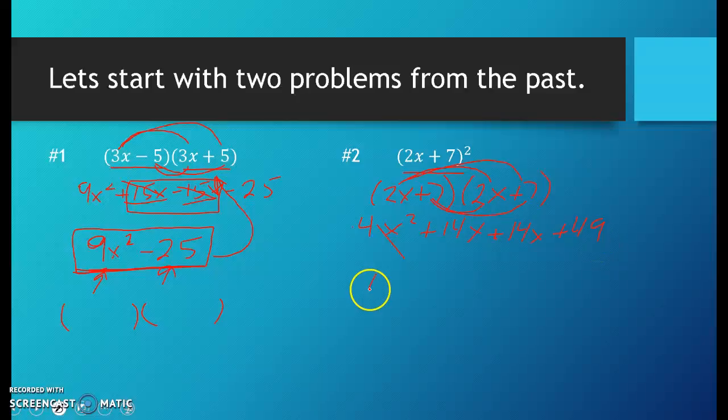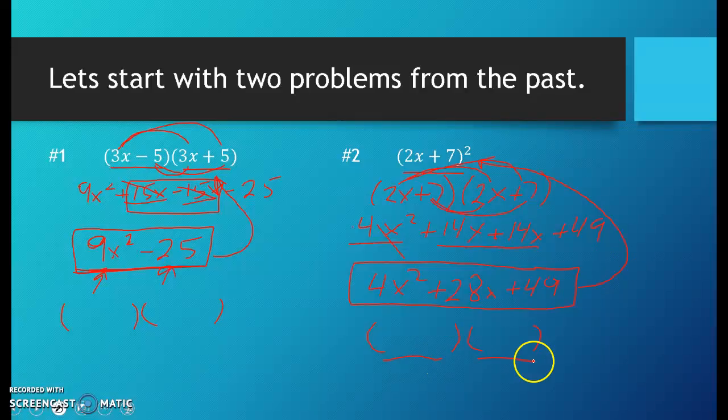And then this simplifies to 4x squared is my x squared term. I have 14x plus 14x, which is 28x. And I have the plus 49. Now, this is what we call a perfect square trinomial. And it's a perfect square trinomial because if we were to factor it, we would get two factors that would look like this, 2x plus 7 times 2x plus 7.